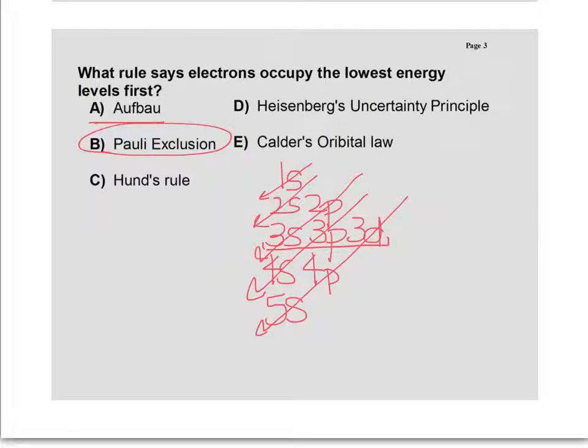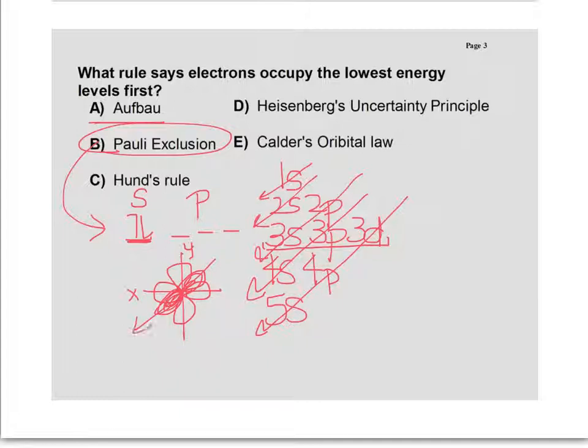Our second rule, the Pauli exclusion principle, is the one that says that only 2 electrons can occupy a particular orbital. So for example, S has 1 orbital. The sublevel P is like a 3-bedroom apartment. It has 3 orbitals because P itself is a dumbbell shape. So this would be a P on the x-axis, but there can also be a dumbbell shape drawn on the y-axis, and we can even draw a dumbbell on the z-axis.